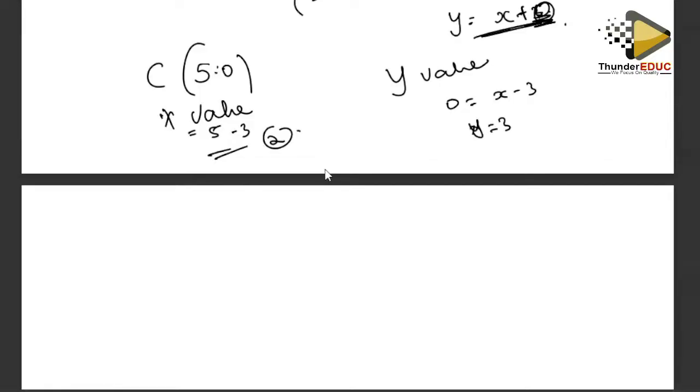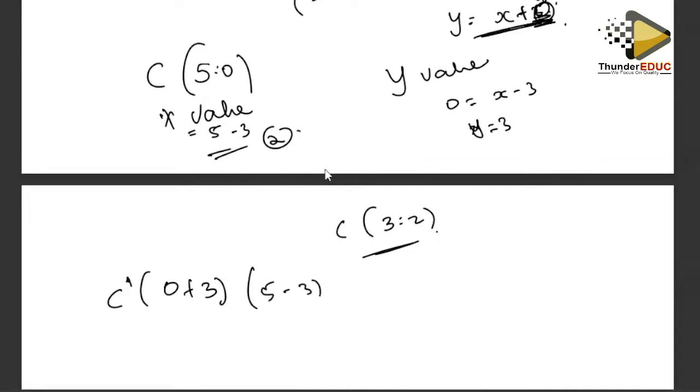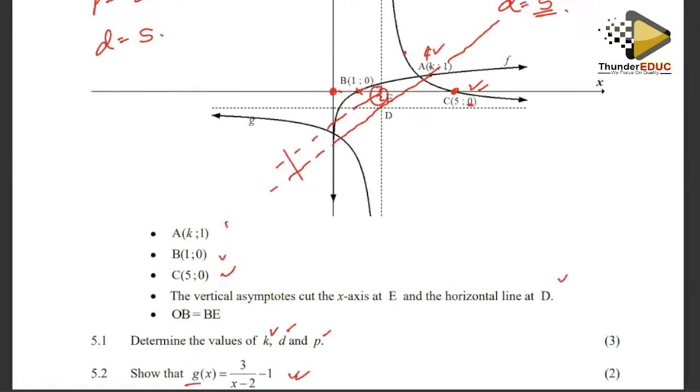So the point of interest is supposed to be 3 and 2. Alternatively, what we can say is that if it's 0 plus 3, because of this 3, and then our y value is going to be 5 minus 3 to still give us a 3 and a 2. So that is the point of reflection.